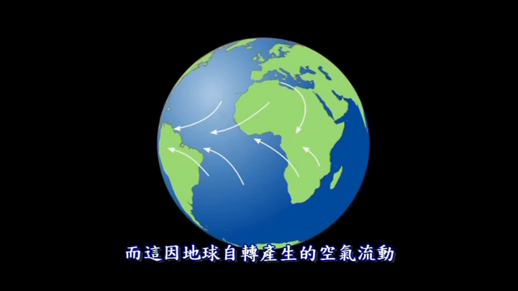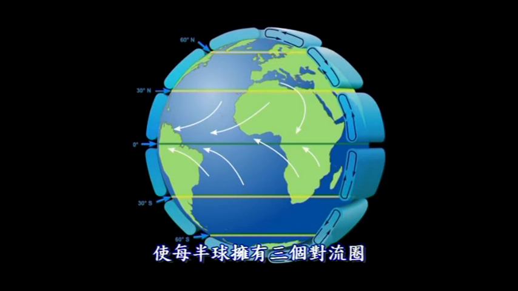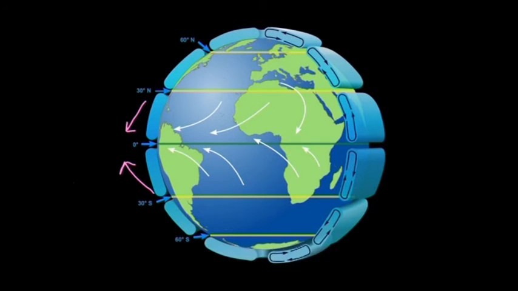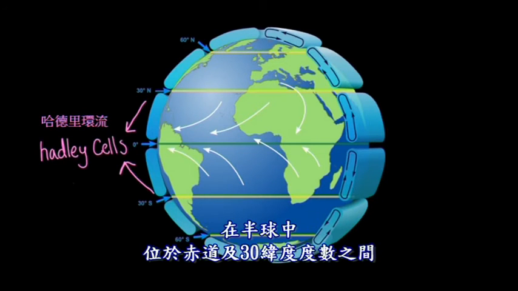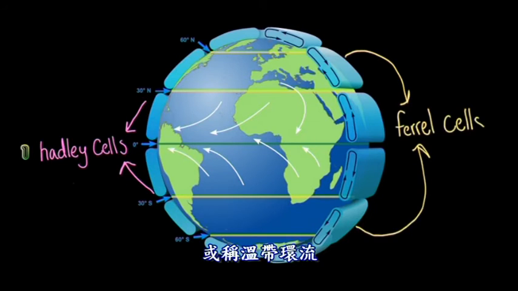And this movement of air, because of the Earth's spin, causes us to actually get 3 convection cells in each hemisphere. These two, the two closest to the equator, are called the Hadley cells. They're between the equator and the 30-degree latitude marks in both hemispheres. These next two are called the Ferrel cells, or the temperate cells.